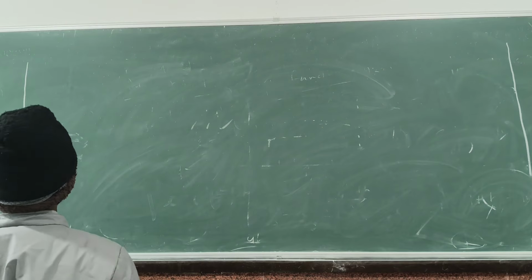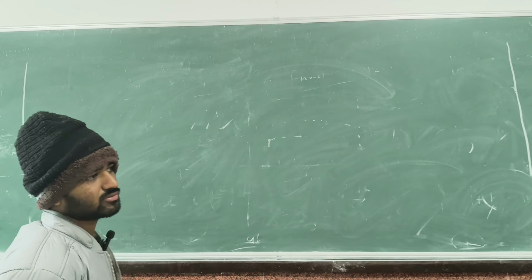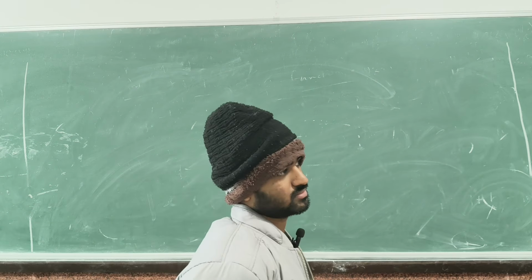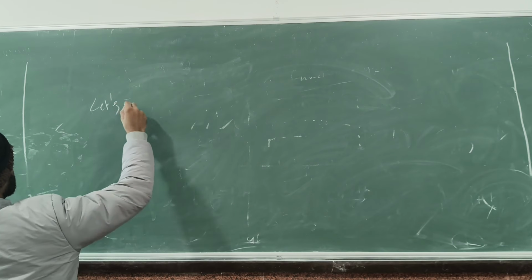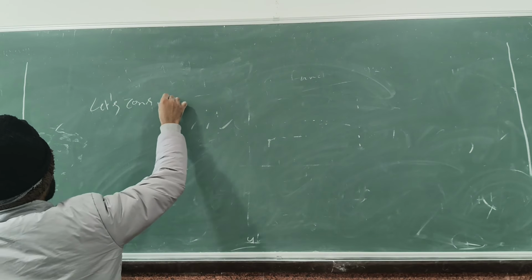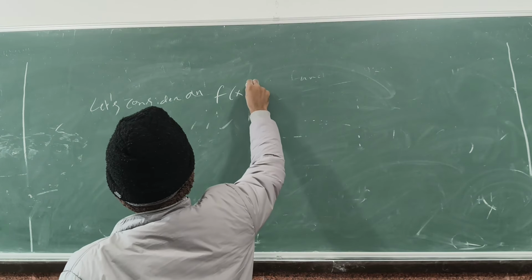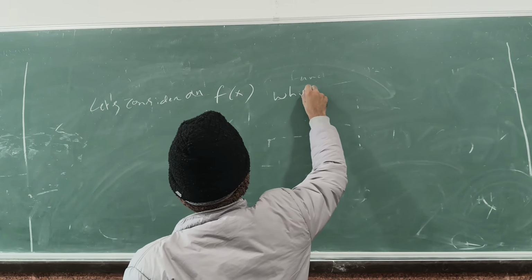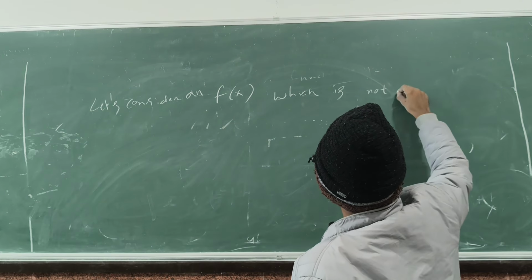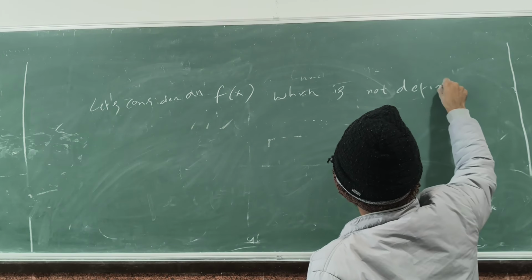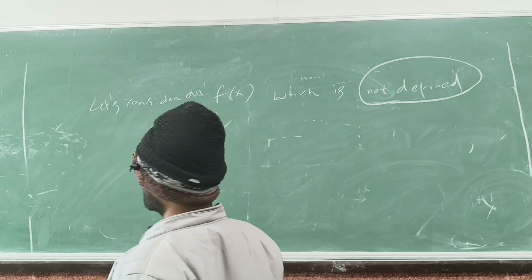So in the above example we took f of x which is defined everywhere. So let's consider f of x which is not defined everywhere.